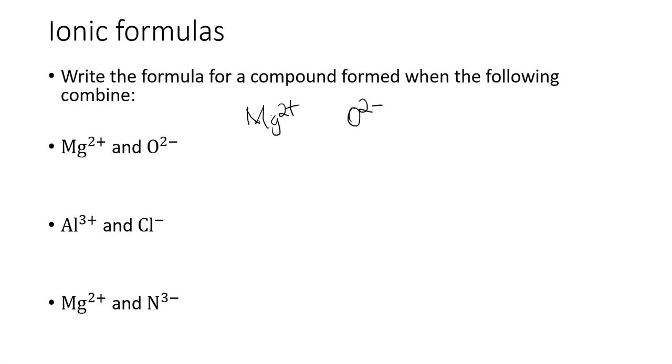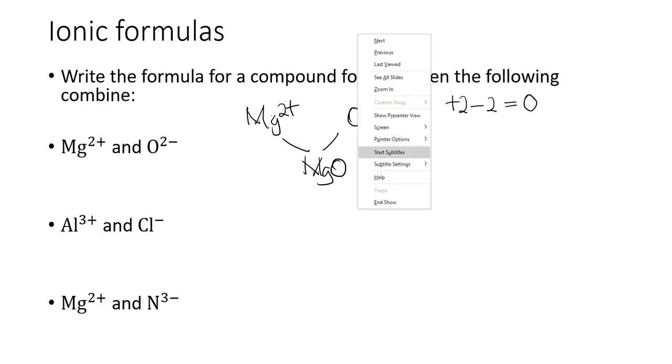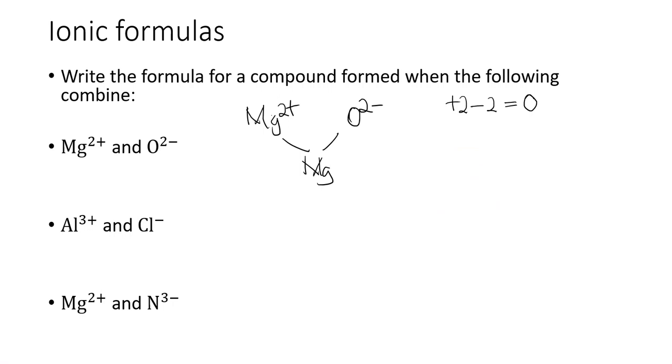Let me just add them: plus 2 minus 2. The answer is 0. So based on this, I can say the charges from the two ions have cancelled each other. And because the two charges cancel each other, I just combine the two. The formula that I'm going to make is MgO.